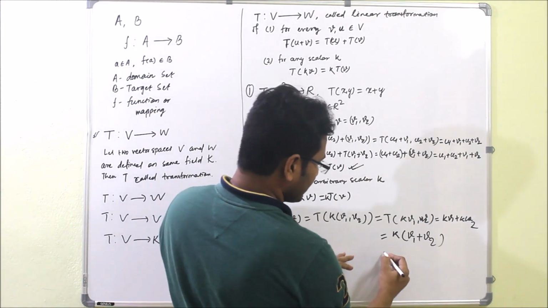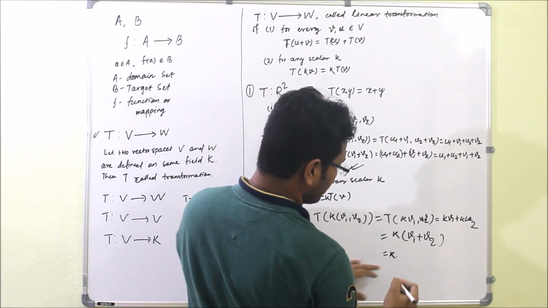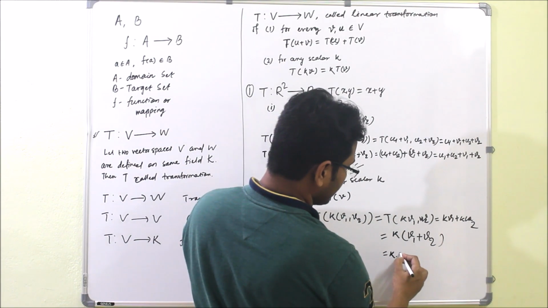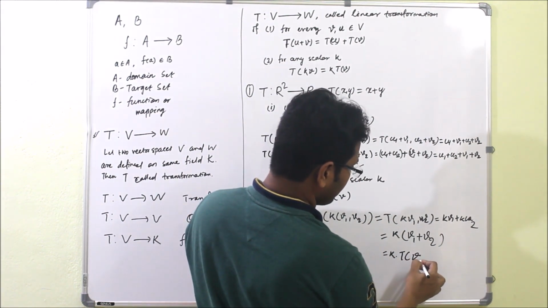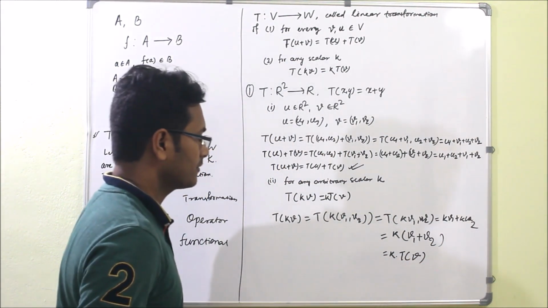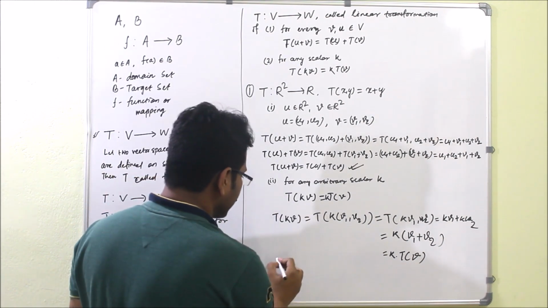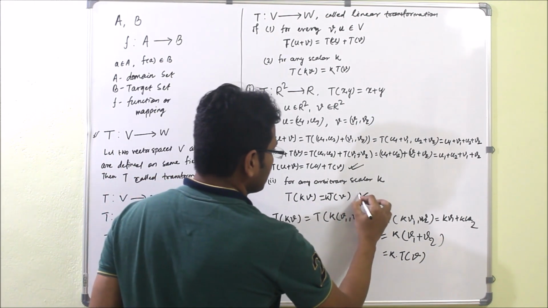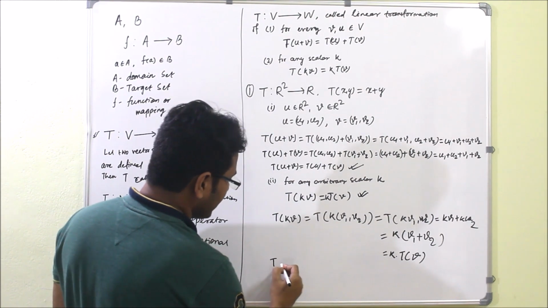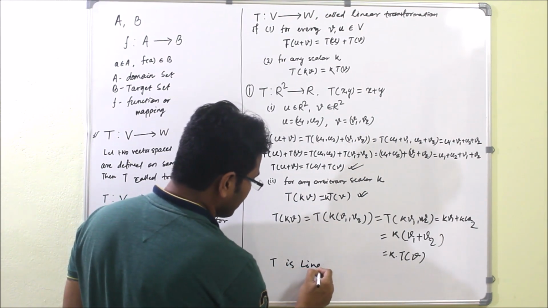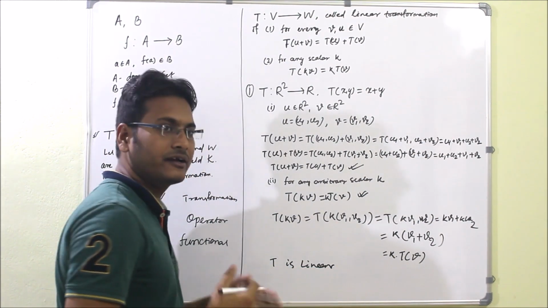This is nothing but k into T of v. That means the second property is also satisfied. So we can say that T is a linear transformation.